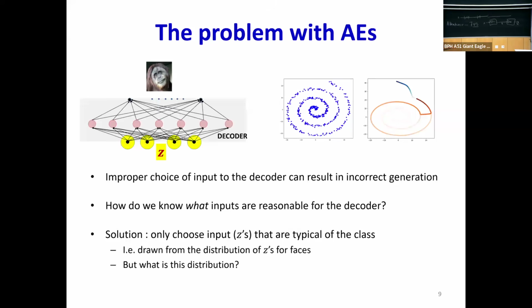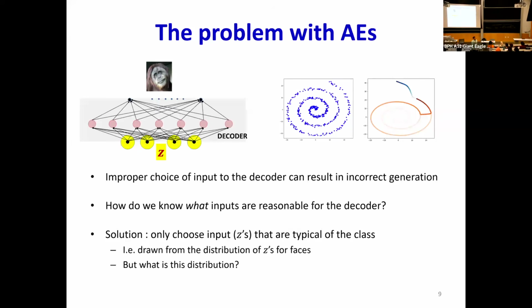If I want to use this mechanism to generate images of faces, would this work in this naive manner? If I just trained an autoencoder and then began feeding random z's, am I likely to get faces? What do you think? No. No, why not? It's not enough to carry the information for the face.